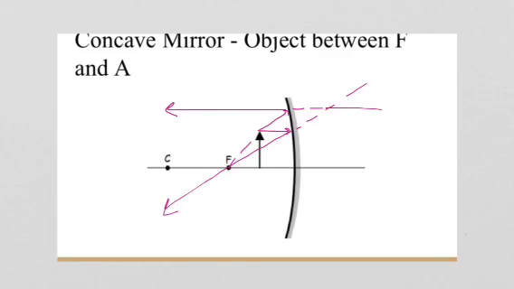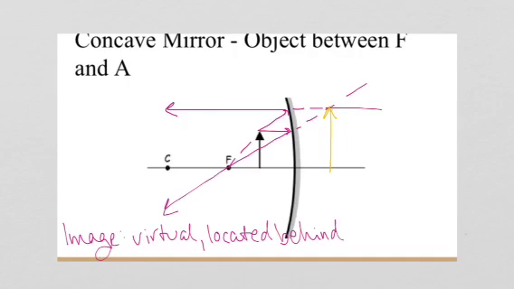In fact, when our object is in between F and A, we will produce a virtual image that is located behind the mirror, therefore obviously a virtual image, that's sort of redundant, and it is upright, it is no longer inverted, and it is enlarged. It has been magnified.